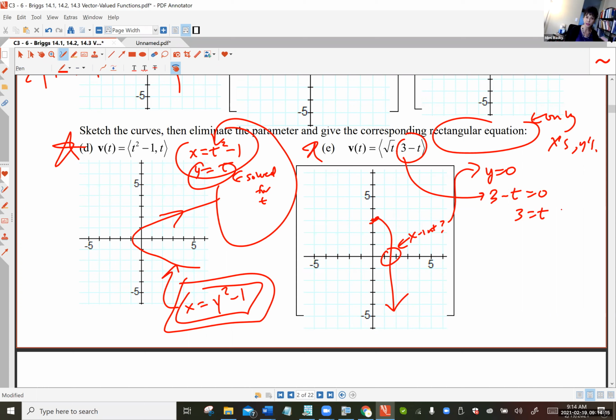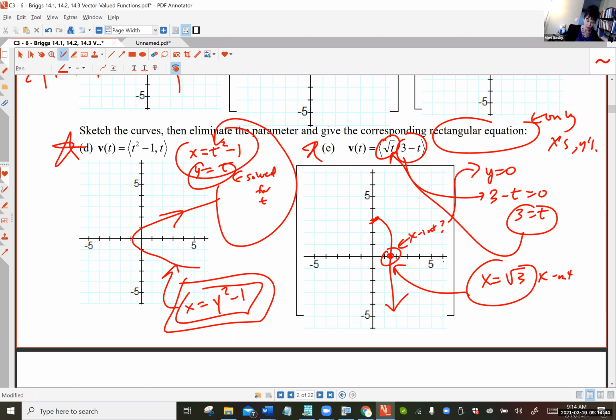So t is equal to 3 seconds when we are intersecting the x-axis. But that's not the answer. Don't say the x-intercept is 3. That's what time it is on your watch when the object crosses the x-axis. So you substitute 3 seconds into the x equation, and there's your x-intercept, square root of 3. That's how you get an x-intercept.